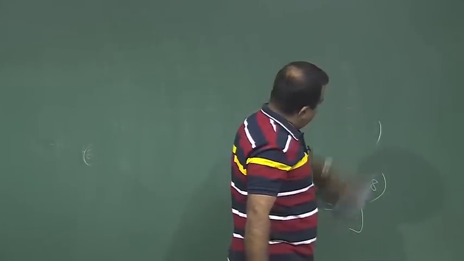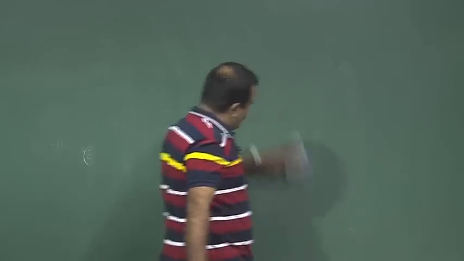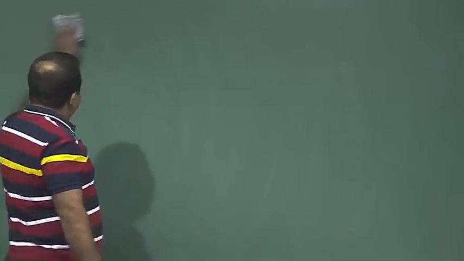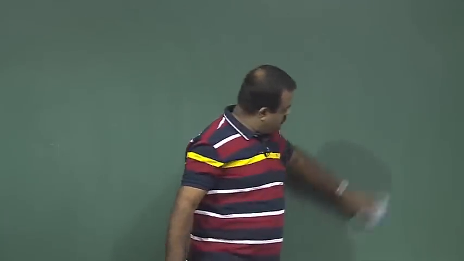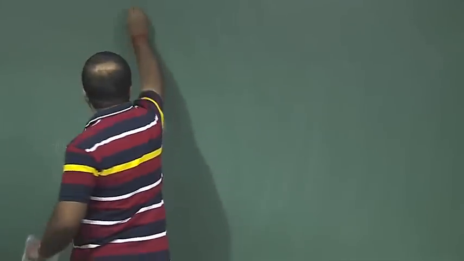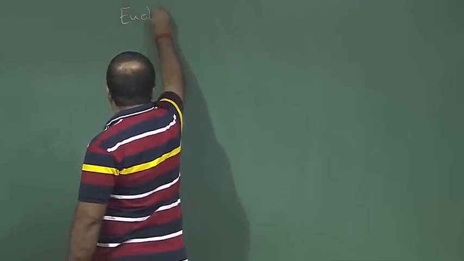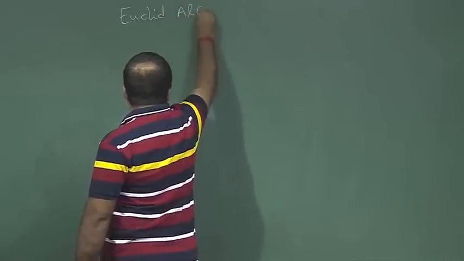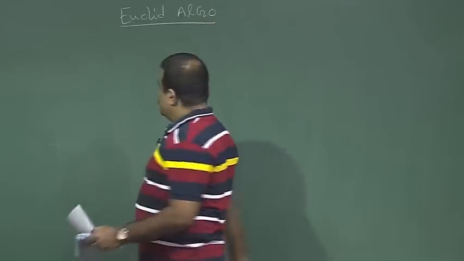So, we will write it in a formal way. Basically we keep on calculating the remainder until it converts to 0, then the previous one will give us the GCD of a, b. So, let us write this in an algorithm form. So, this is the Euclid algorithm.